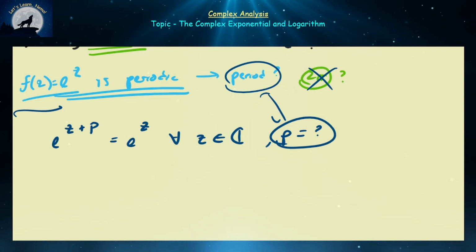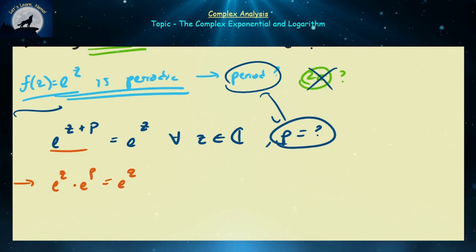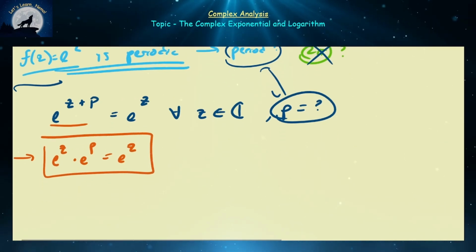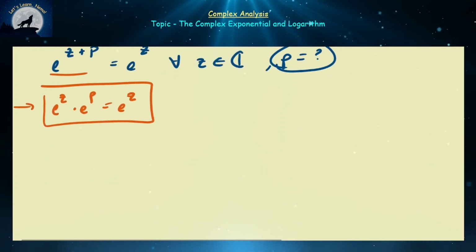By properties of the exponential, what do we know about e to the z plus p? Well, that's just going to be the same as e to the z times e to the p, and that's going to be equal to e to the z. And we've already proven that that is the case. So the next statement I want to say is, okay, can I divide both sides of this expression by e to the z? Maybe I can, maybe I can't.